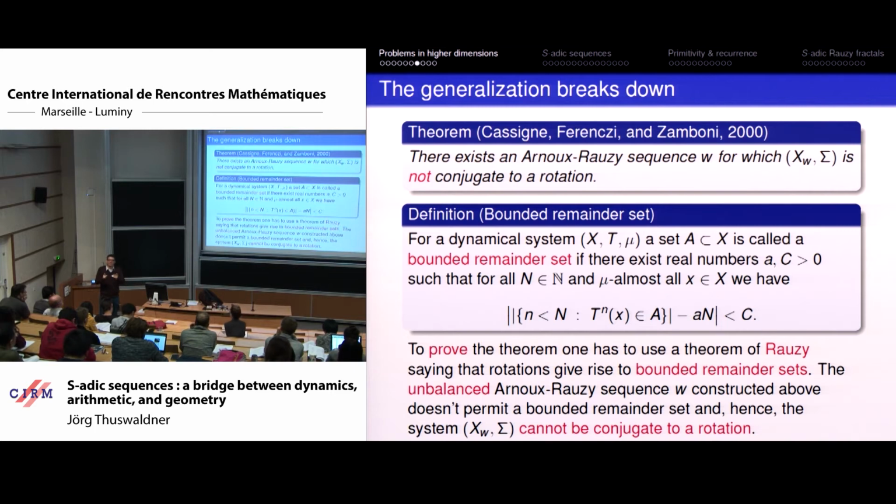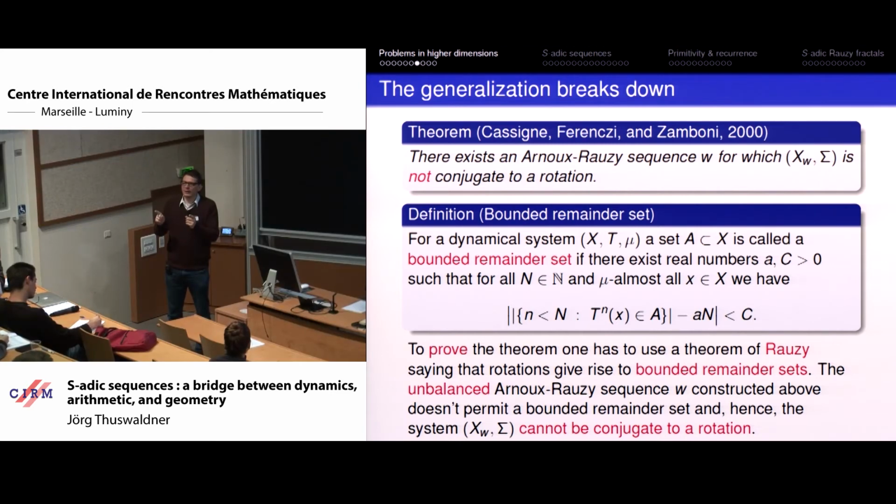There are 3 substitutions, and say sigma 1 has to come up very, very often. If you interpret this in terms of continued fractions, this means that in the continued fraction algorithm, and there is a continued fraction algorithm related to Arnoux-Rauzy sequences, you have large blocks of large partial denominators.